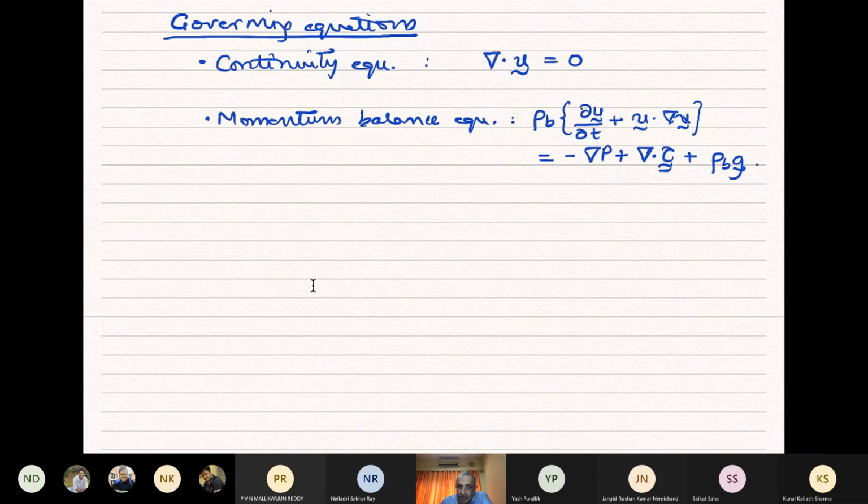And then one additional equation that we'll always require is the energy balance equation.